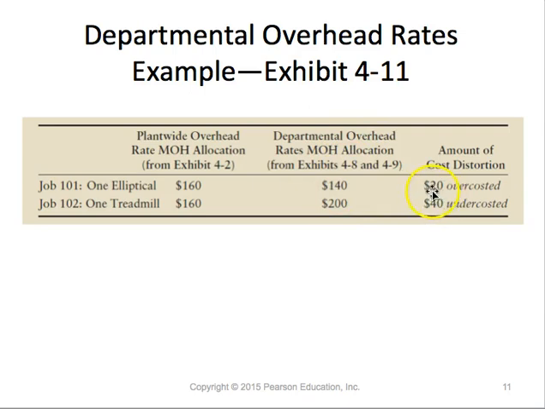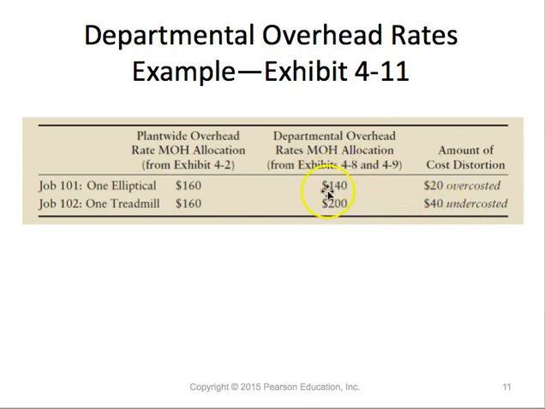So we have overestimated the number from $140 to $160. So we have a $20 overcosted. And for the treadmill, $160 has been estimated, but in reality it is $200. So $40 undercosted can be found.